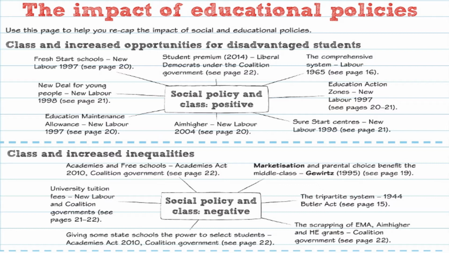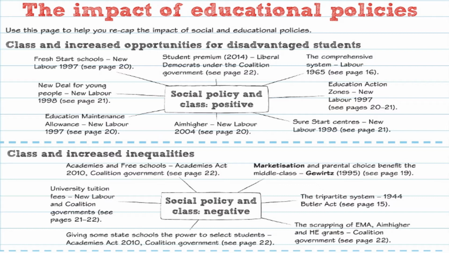But one of the things that I thought is worth flagging up on this page is that when we talk about social policy, we're talking about big political change and how that affects education, but we also need to think about how it affects social class, gender, and ethnicity. Also, not every policy has to be bad. There are policies which are really positive for social class and policies which are quite negative. A lot of the New Labour policies between 97 and 2010-ish were really quite beneficial for working class or lower income students.